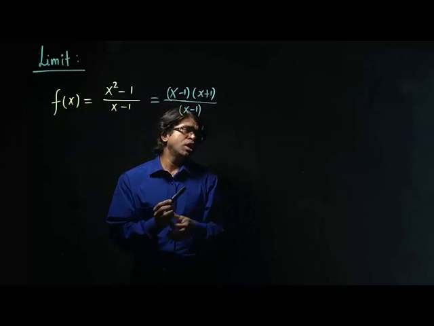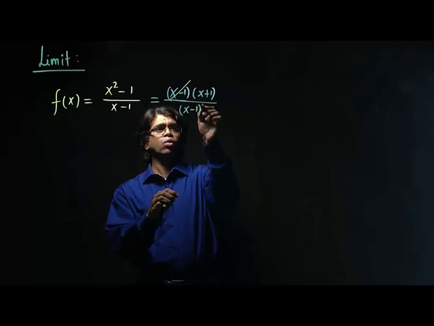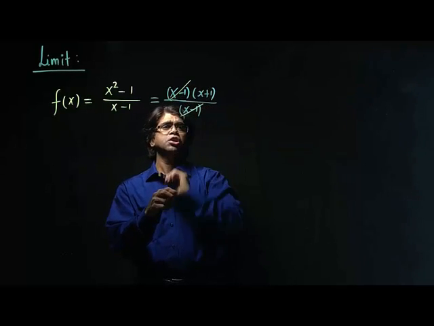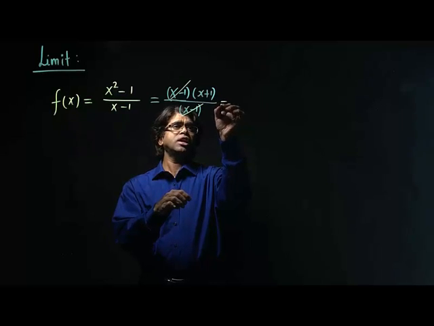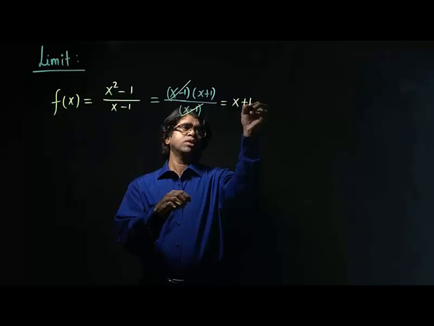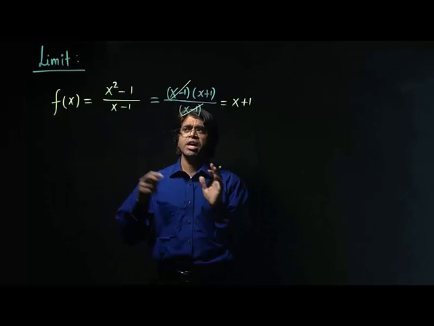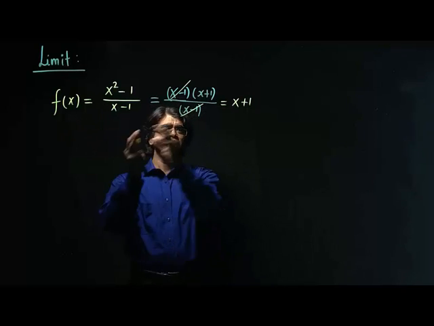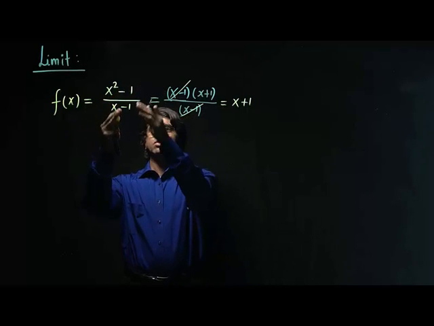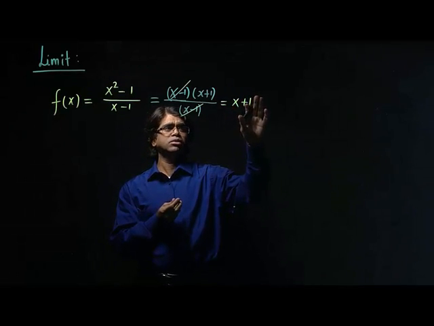If you simplify further, you will cancel out one term from the numerator and the denominator, and the rest of the function is x plus 1. So my function f(x) is x squared minus 1 over x minus 1, and I can reduce that function to x plus 1.